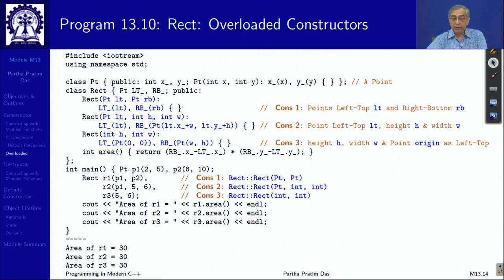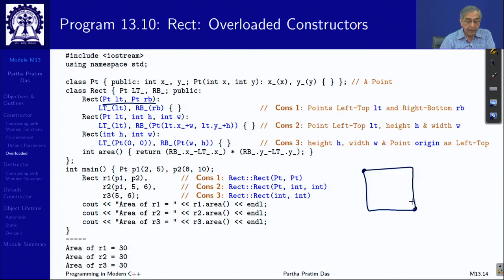So these are the overloaded constructors for rectangle. Here we are passing 2 points. This becomes a rectangle. Here I am passing a point and a height and a width. Right?